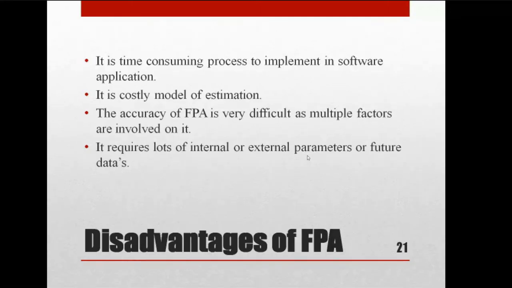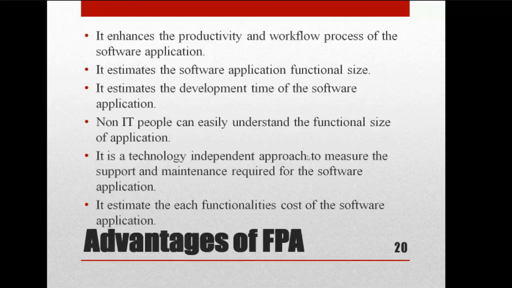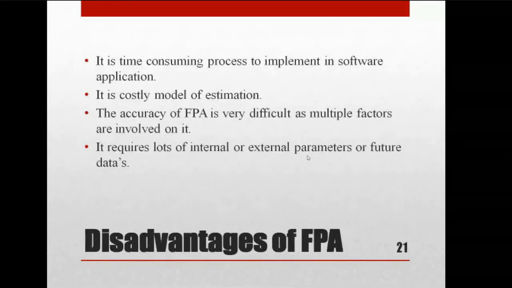And those internal and external parameters also depend on the company process, right? Each organization follows a process. That may also face an impact, right? So there are lots of internal and external parameters or future areas. But all these things are solvable, right? We can solve it. So the FPA has major advantages and a few disadvantages, but still we can solve these problems, right? Fine.